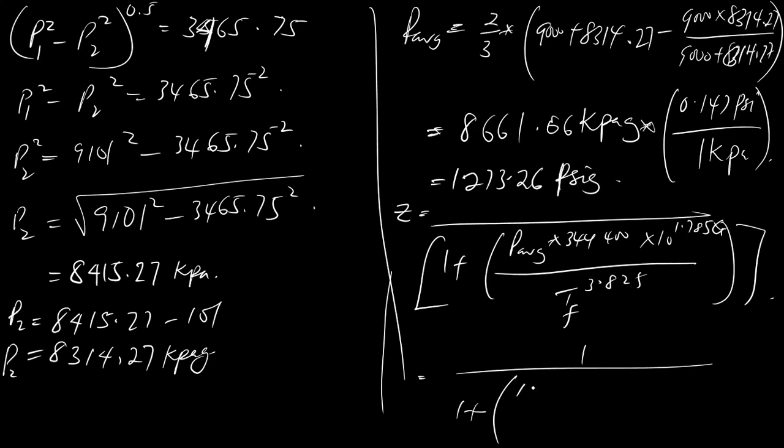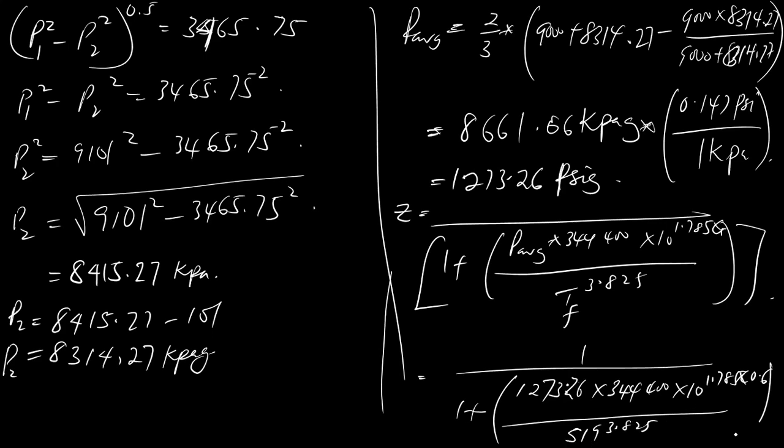So we're now going to use 1273.26 PSIG times 344,400 times 10 raised to power 1.785 G, which is 0.6, divided by 519 raised to power 3.825. Now let's make use of our calculator.